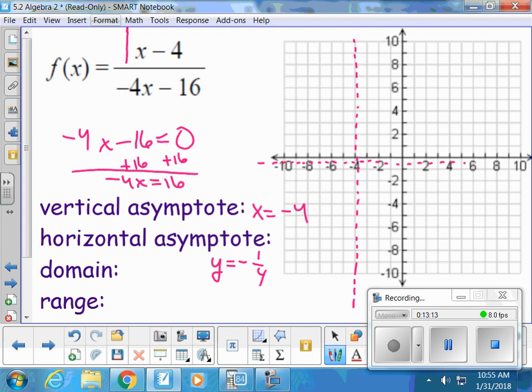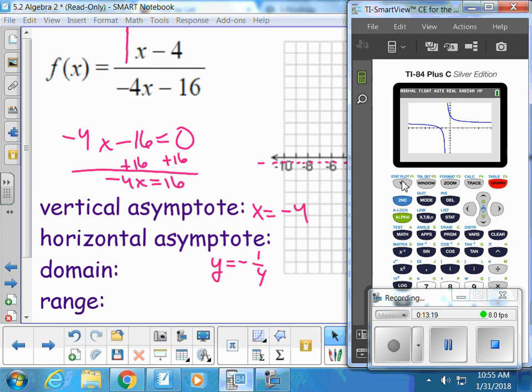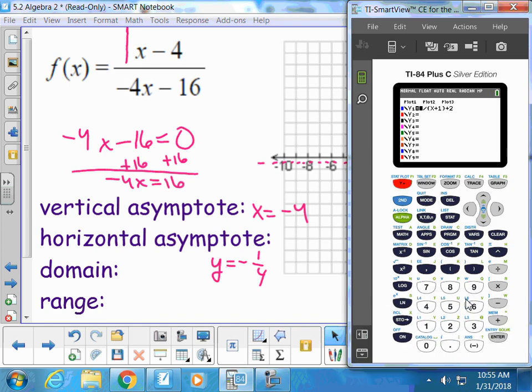And I do want to talk about how to put this graph in the calculator, because you're going to want to use parentheses around the top and bottom to group the numerator and group the denominator. So parentheses on the top, 1x minus 4. You don't even need to type the 1.